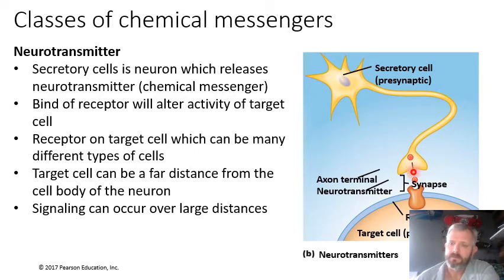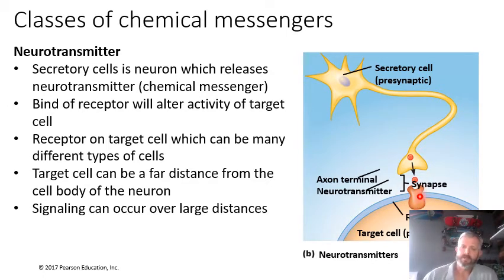The chemicals that the neuron releases are neurotransmitters, but the concept is the same. The neuron releases the neurotransmitter into the small synapse, where the target cells have to have receptors to respond.